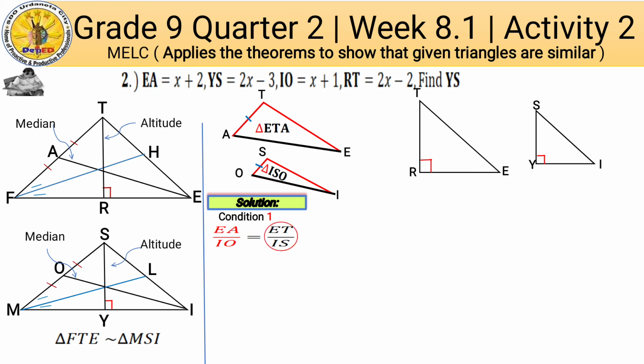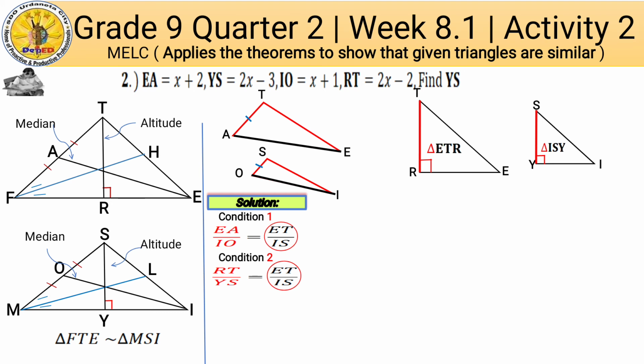AT and IS are the sides in common in the triangles. For our second condition, using triangle ETR and triangle ISY, the proportion is the ratio of the altitudes RT and YS, which equals the ratio of side AT and side IS. AT and IS are the sides in common also.